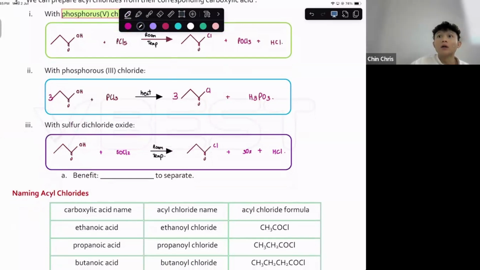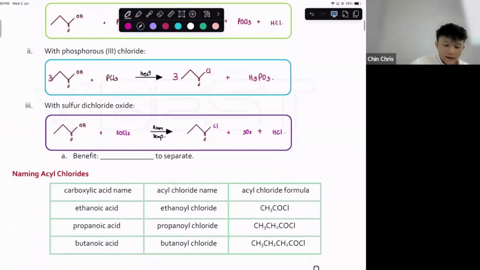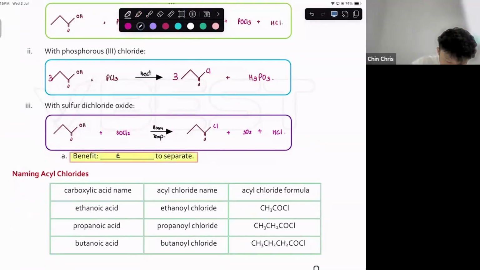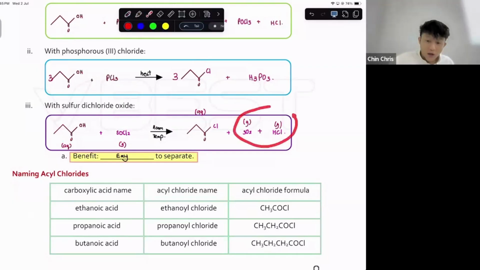If you use SOCl2, one of the benefits is that it is easy to separate, because the product is aqueous and the two byproducts are gases. So the product itself remains, because all the byproducts, SO2 and HCl, just vaporize and escape. That's it.